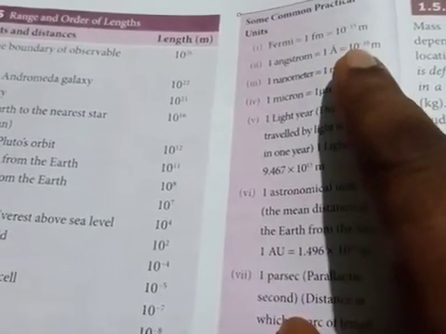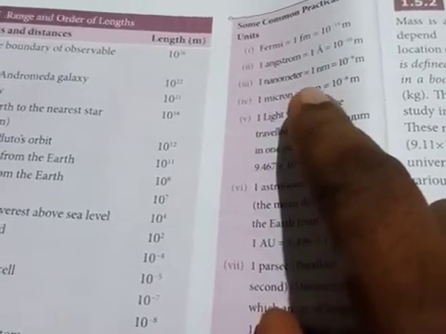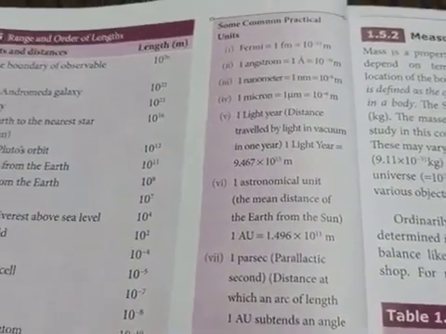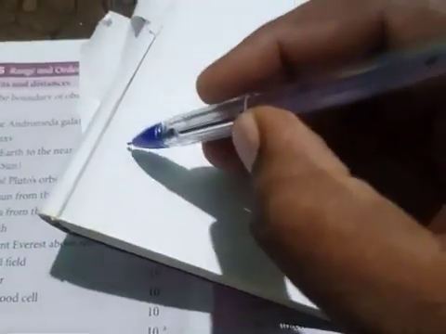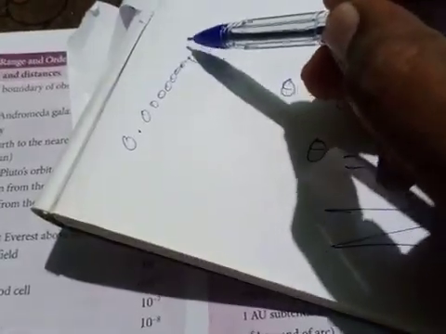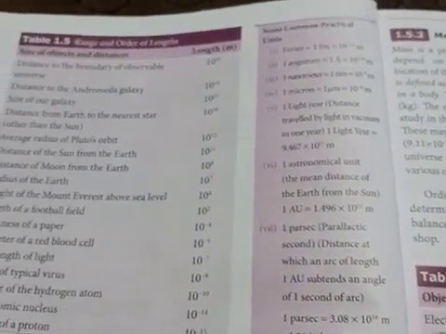Very small. 10 to the power minus 15 means 0. and then how many zeros? 1, 2, 3, 4, 5, 6, 7, 8, 9, 10, 11, 12, 13, 14, 15, then 1. This much small. That is what 1 Fermi means.